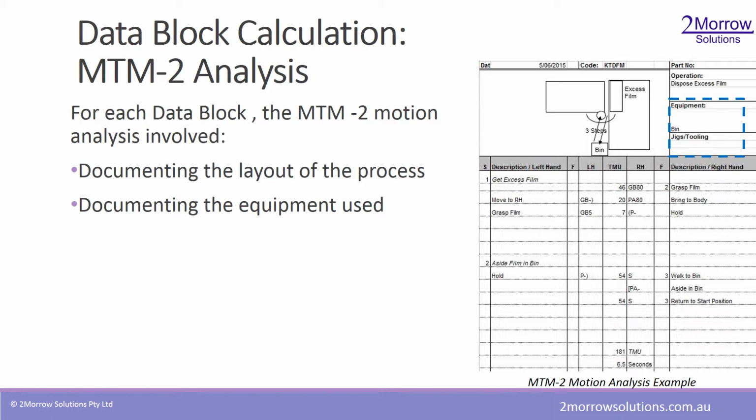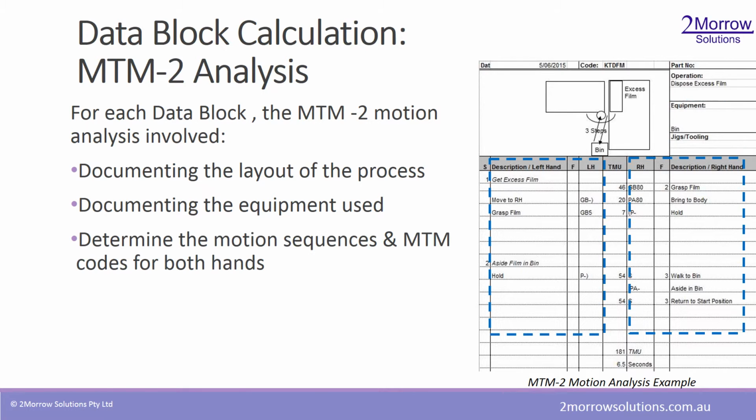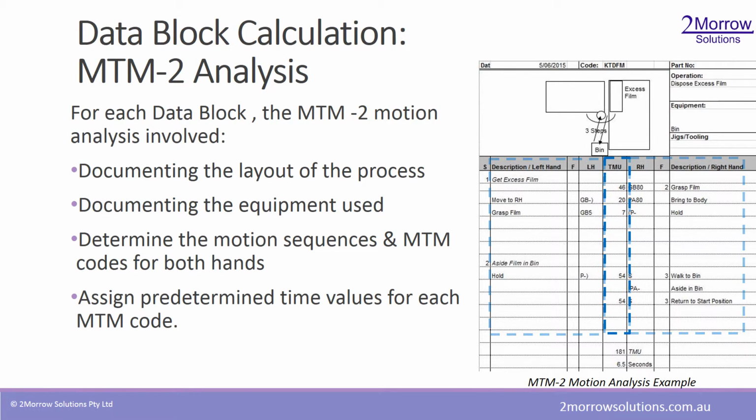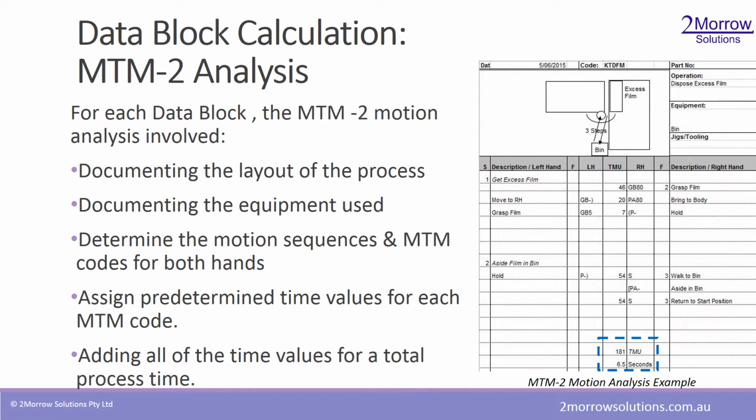The weight of the items used are also documented. Determining the motion sequence and MTM2 code for each element used for both left and right hand, taking into account the distance the hand is moved and the degree of control required. Assigning the predetermined time values for each motion sequence code. Adding all of the time values for a total process time.